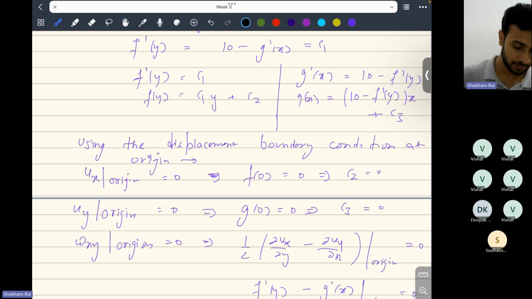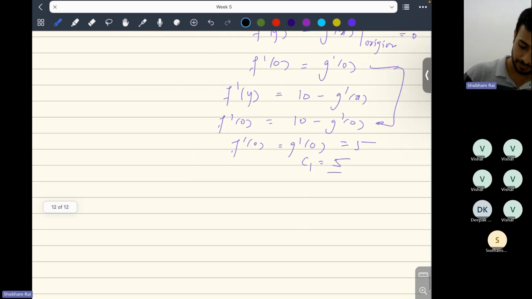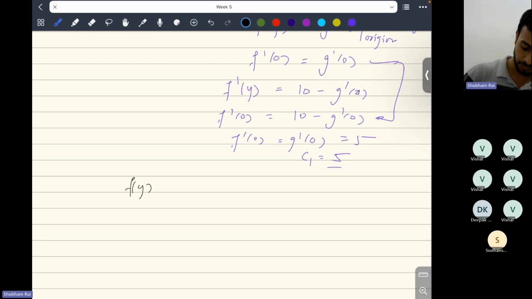So now finally we have the expressions. Your f of y will be C1 y plus C2. C1 is 5, y is y, and C2 is 0. And now you have g of x. So g of x is 10 minus f prime y, which is C1, which is 5, times x plus C3, which is 0. So you get 5x. Right?